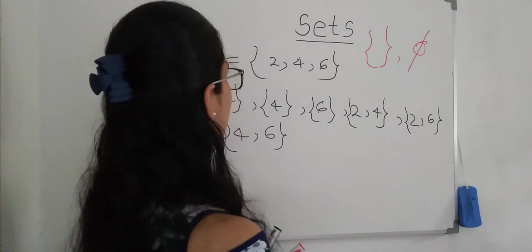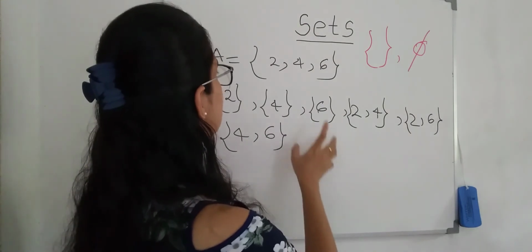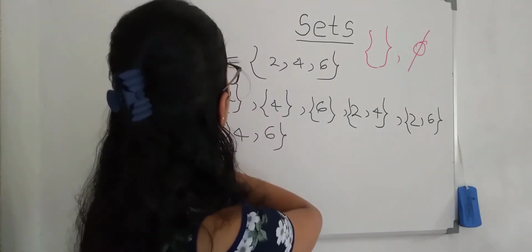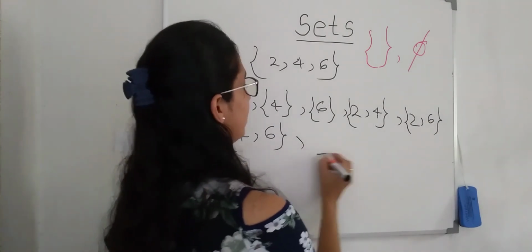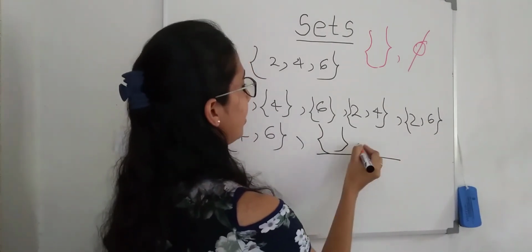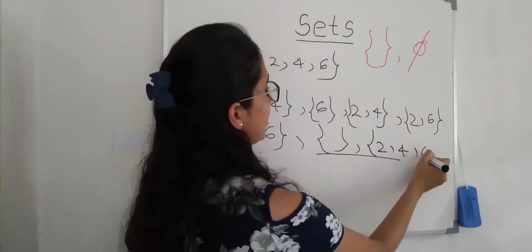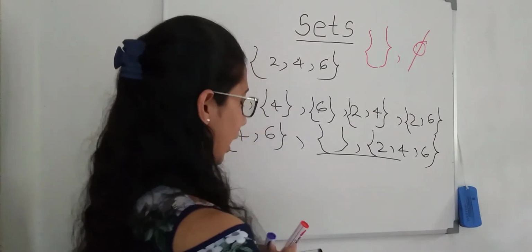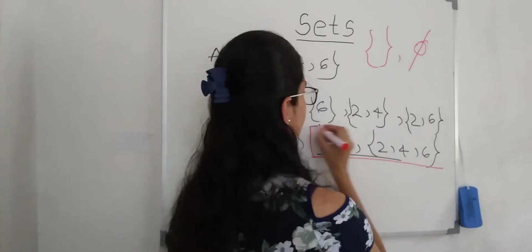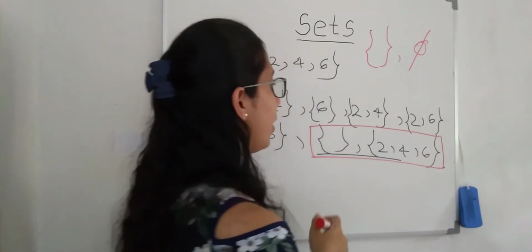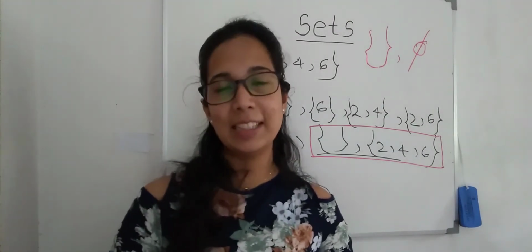We should write the null set as well as the set itself as subsets of the set A. So what are the other two subsets? The null set and the set itself, {2, 4, 6}. This is very important, and don't forget to write the null set and the set itself when you write the subsets of a given set.